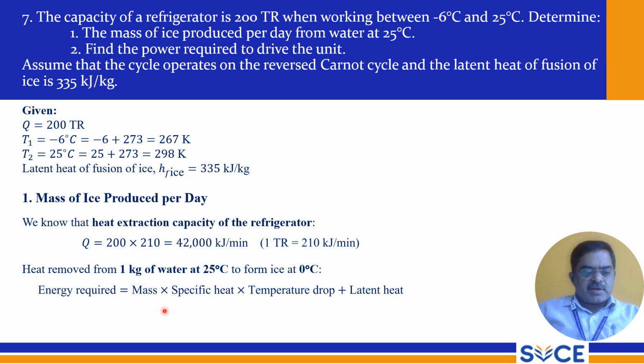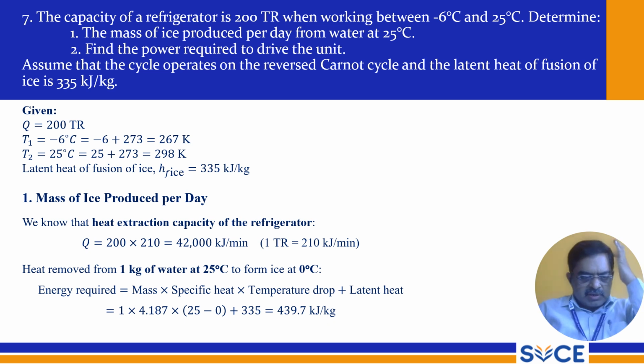Energy required is mass into specific heat into temperature drop plus latent heat. So this is the energy required, and it is 1 into 4.187 into 25 minus 0, plus 335. So that is equal to 439.7 kilojoules. So this is for 1 kg of water.